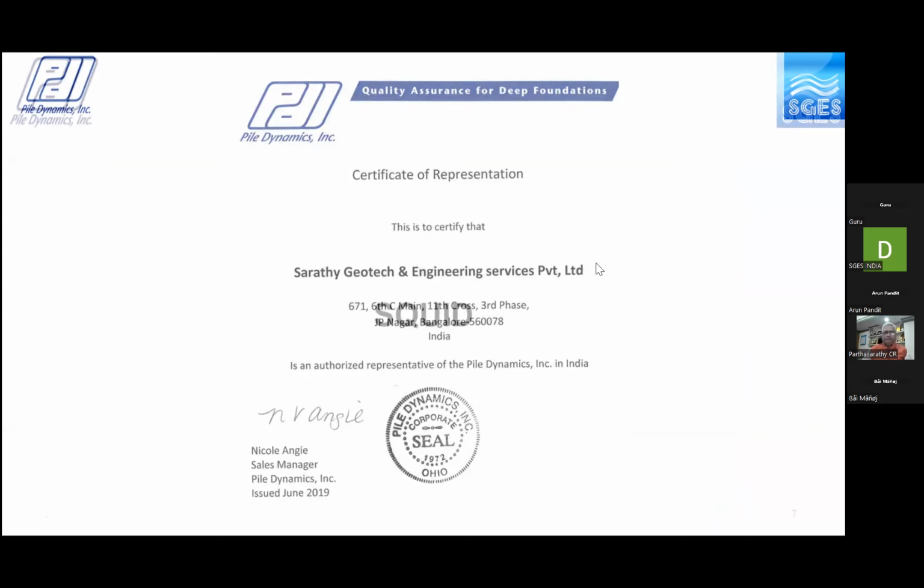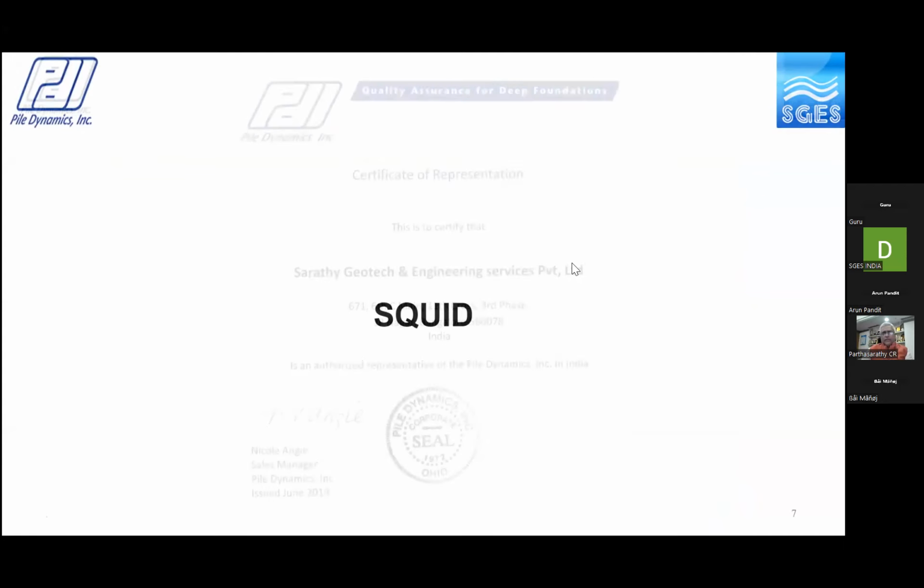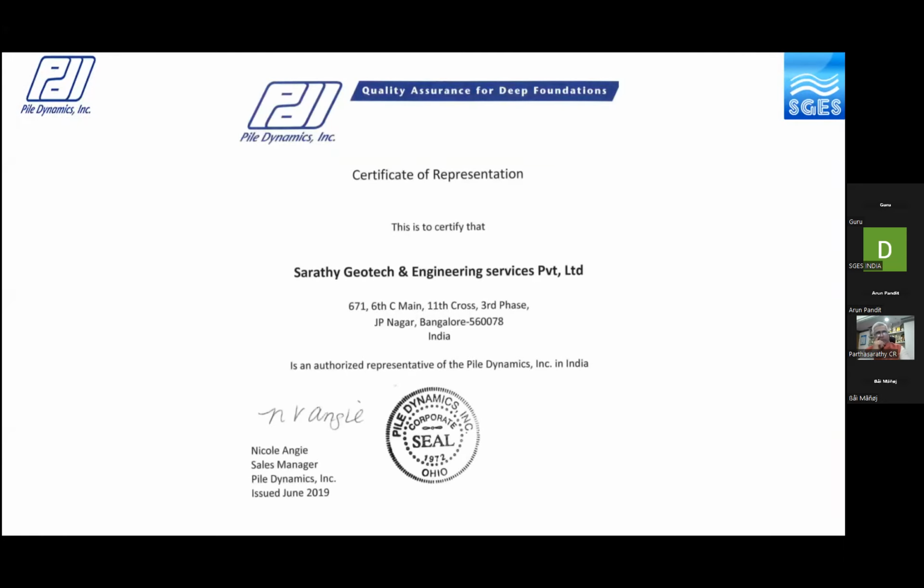So there are several deep foundation testing methods that are available. Prior to pouring the concrete, you have SQUID and SHAPE. I'll explain to you what is SQUID and what is SHAPE. After pouring the concrete, you have different integrity assessment methods: the pile integrity test, the cross-hole integrity test, and the thermal integrity profiling.